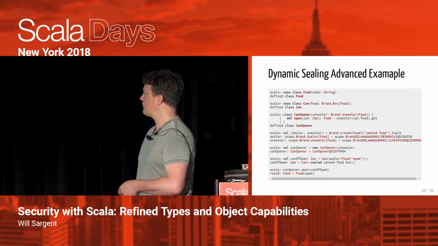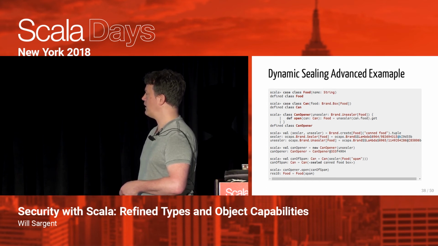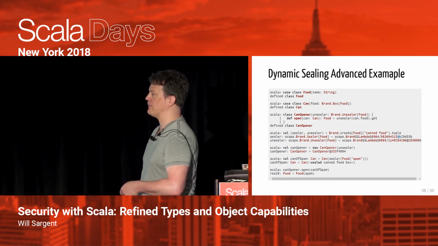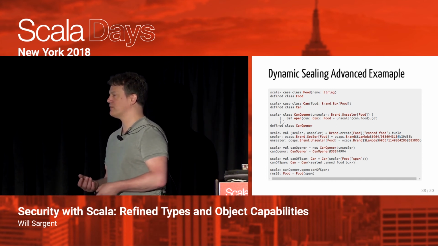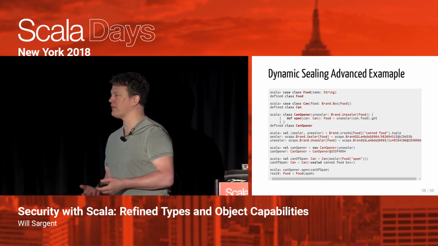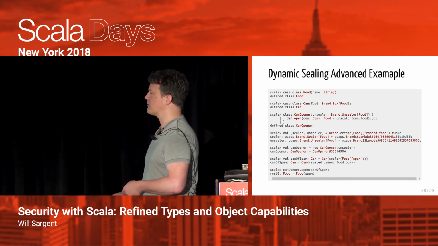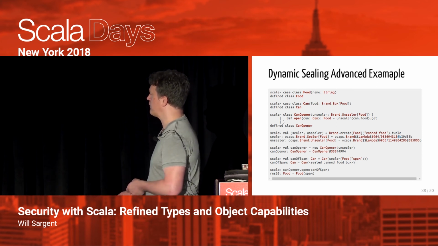We create a can of spam, which we can see is actually sealed here. And then when we open the can using the can opener, we can see that the food is spam. So it just gives you an idea of how you would pass around sensitive information, say credentials, that you would only want two particular objects to have access to.